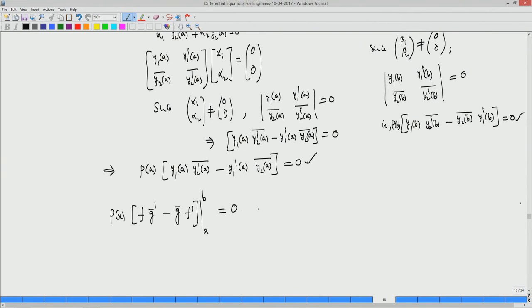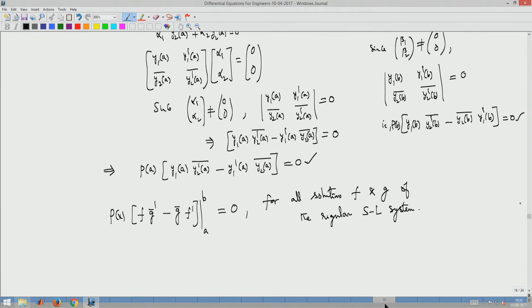This holds for all solutions f and g of the regular Sturm-Liouville system, regular SL system, which is what I will write from now onwards, SL system.